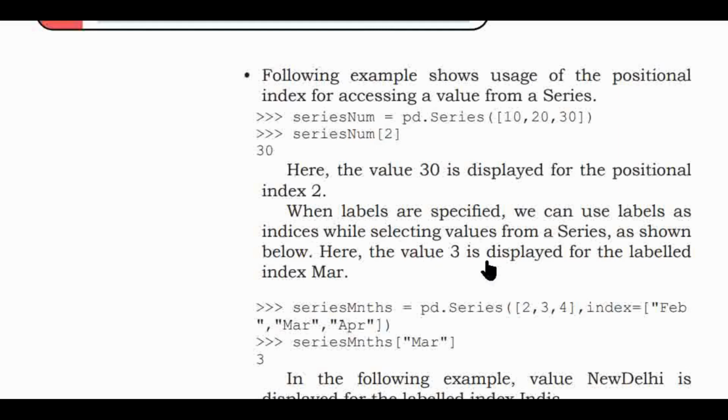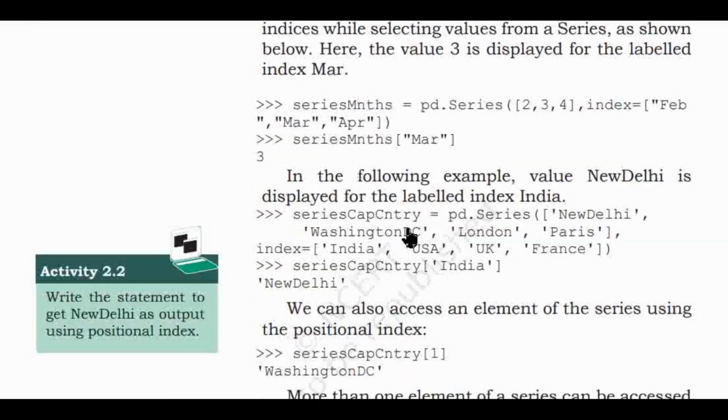Here the value 3 is displayed for the labeled index March. seriesMonths = pd.Series([2,3,4], index=['Feb','March','April']); seriesMonths['March'] gives 3. In the following example, the value New Delhi is displayed for the labeled index India.